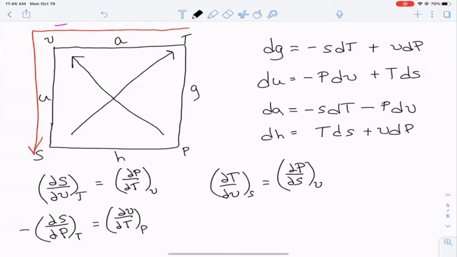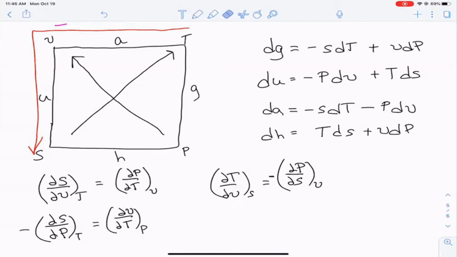And that becomes dP dS. And we know that we're pointed towards the temperature and away from the pressure. So dT dV at constant S equals minus dP dS at constant V. And that was the Maxwell relation that we got from the internal energy.